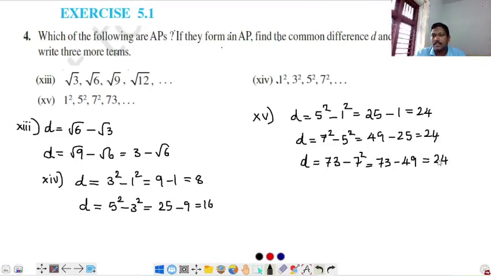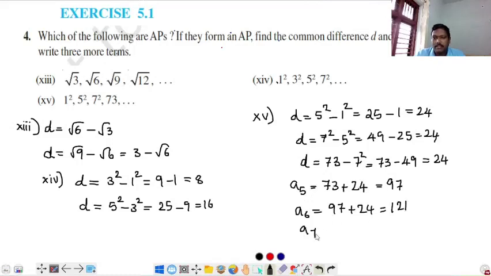Okay, so see, the same common difference we got. So the next terms we can write: A5 is equal to 73 plus the common difference 24, is equal to how much? It will be 97. And A6 is equal to 97 plus 24, which will be 121.